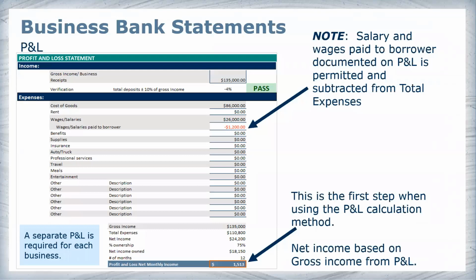And your gross income minus the total expenses gives the net income, then based on the percentage of ownership. And remember, if more than one business, the same calculation is required for each business. So if you're using the P&L method, then a P&L method must be used for each business that they are using for the calculation method.